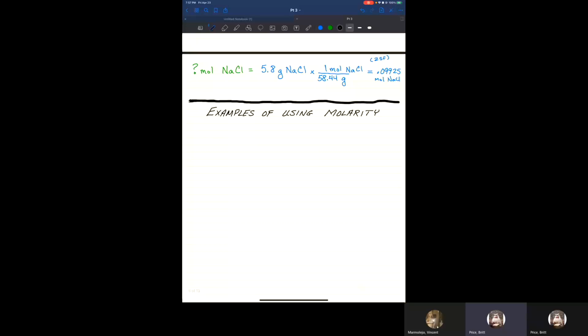One piece I would like to instill in you, working with molarity, working with molar masses, working with densities, they are all conversion factors. Every single one of them is a conversion factor. Molarity is no different.